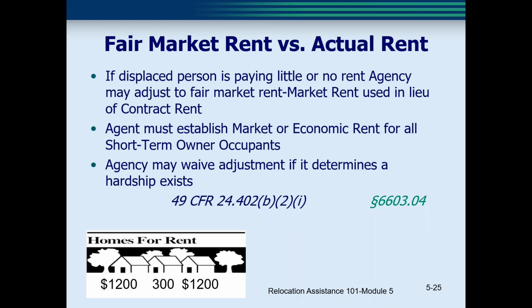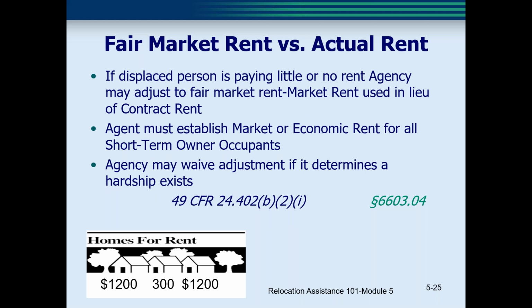It's what the property would rent for on the open market with no reductions. So market rent will be used in a rent supplement computation in lieu of the contract rent unless it would cause a hardship because of the displacee's income or other circumstances.